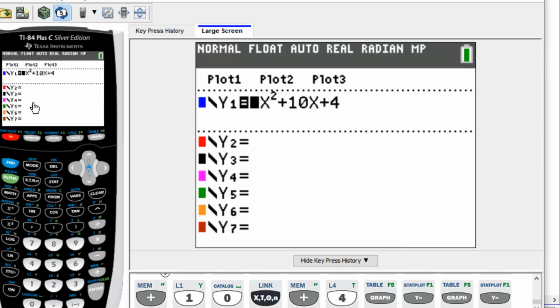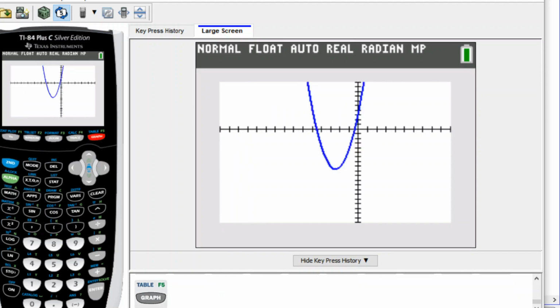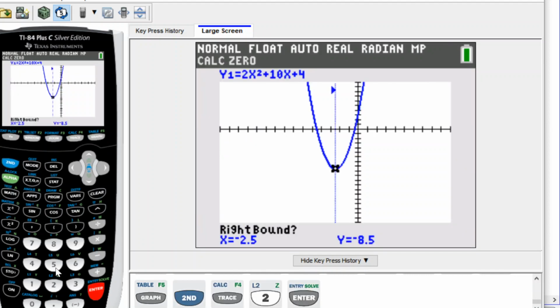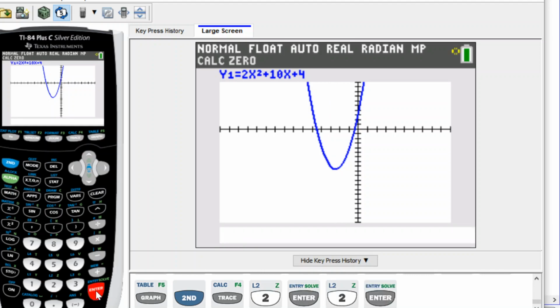If I graph this, so 2x squared plus 10x plus 4, and I throw this into a graph, right, I have 2 solutions. I have 2 x-intercepts. However, if I was to find those x-intercepts, if I choose some point to the left, and some point to the right, notice they're not nice numbers. And factoring only really works when we're getting integers or nicer fraction values.